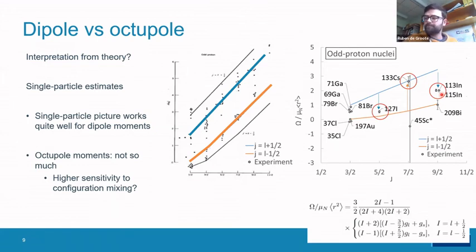So it's a bit of a question, at least from my side, why that is. There's not much theoretical literature on this. There were some papers in the early 50s who discussed this, raising the same point I just did. Why are the deviations so much larger for magnetic octupole moments?